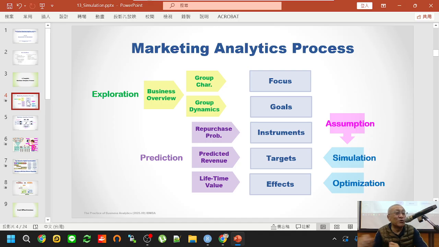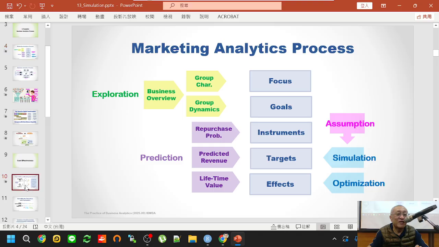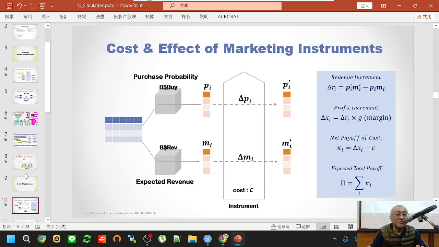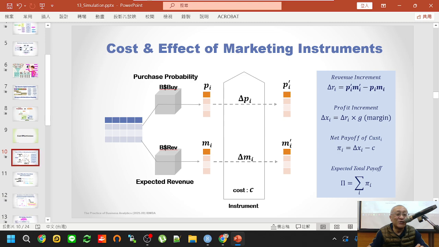Okay, so the basic idea is like this slide. Basically these few slides we already went through before, right? The new slide is here. Actually I went through these slides in last week's class a little bit, right? Still remember that?